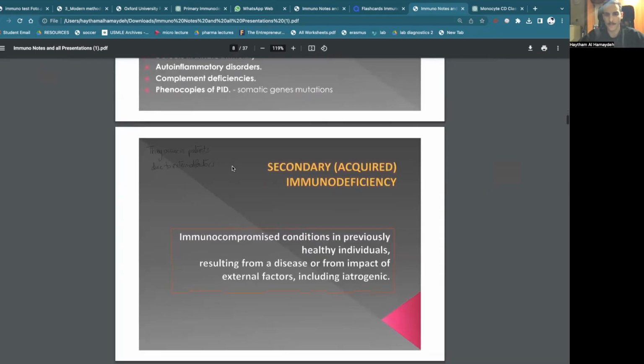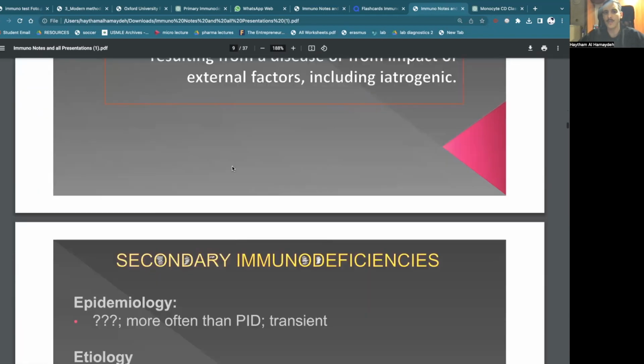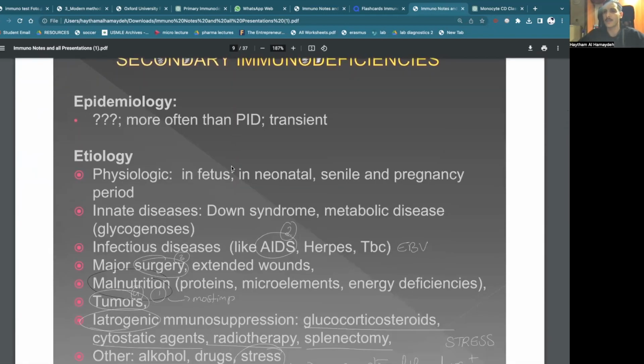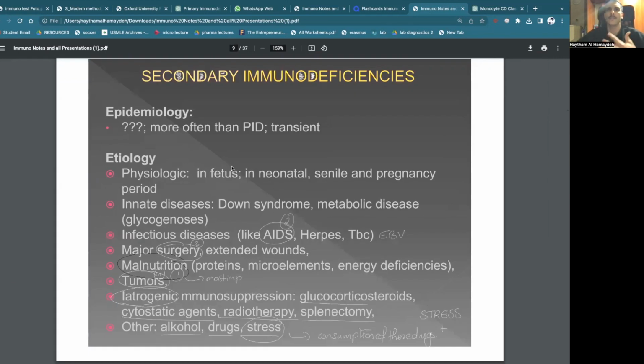Now secondary, it's the acquired. How can we acquire secondary immunodeficiencies? Of course, by external factors. Okay, so for example, you consume a lot of alcohol, drugs, you have a lot of stress, malnutrition, you had a surgery, some treatment that you have taken such as glucocorticoids. Okay, what else you have mentioned here?